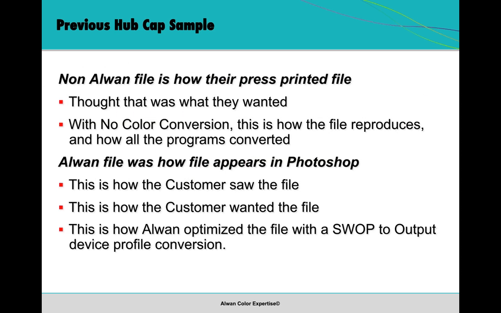Alwan will go in there and manage that file accordingly. And a lot of people think, oh, they all do that. No, they don't. And that's why we've built these test files, so you can test your workflow and see how well your workflow handles these types of things.